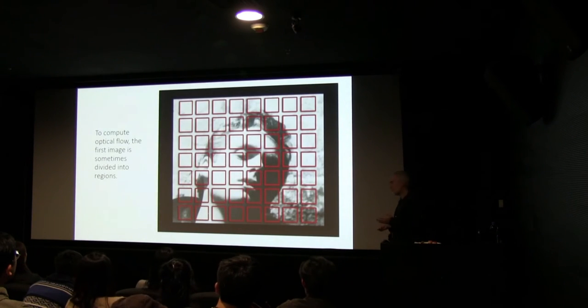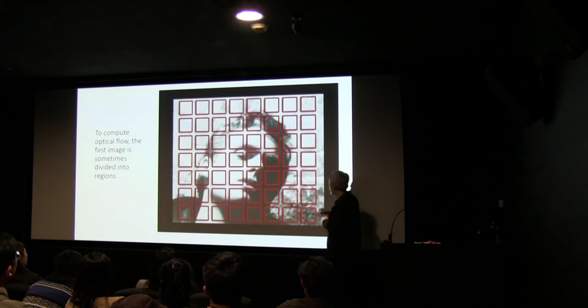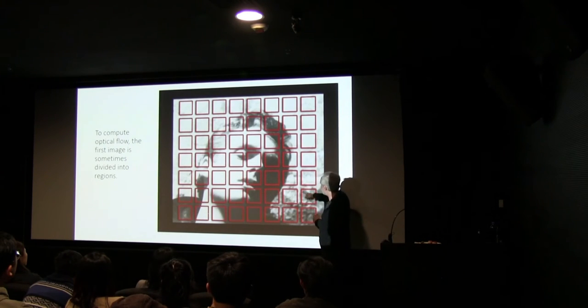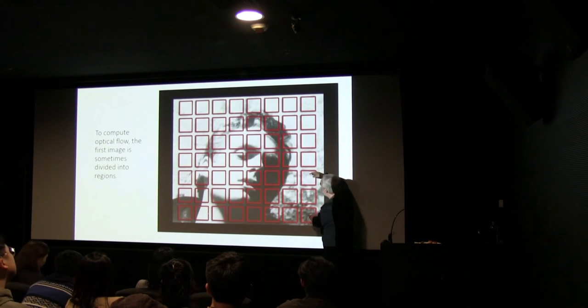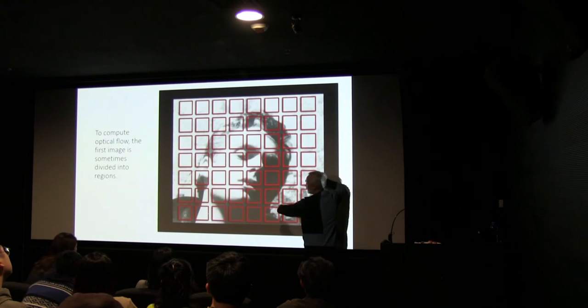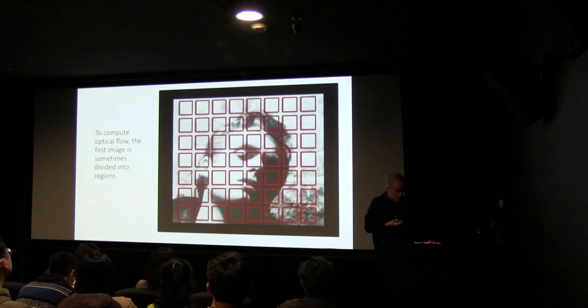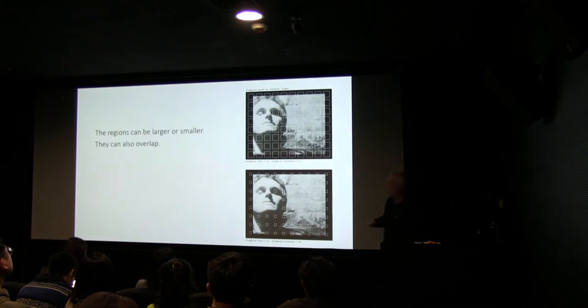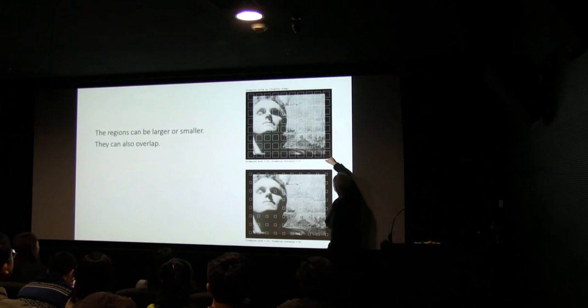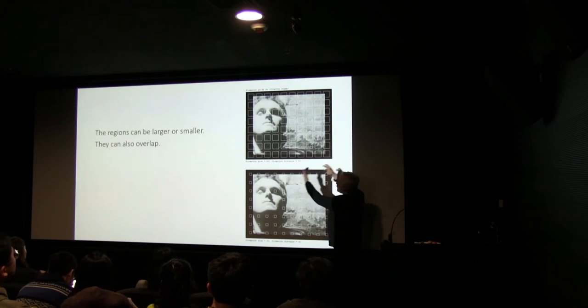How do we compute optical flow? There are many methods. Some methods begin by selecting areas within an image. In this case, we just select areas on a kind of regularly spaced grid. Okay? And we can select areas with smaller regions, make them far apart, make them overlap.